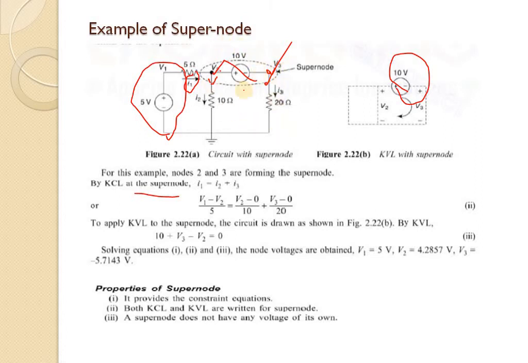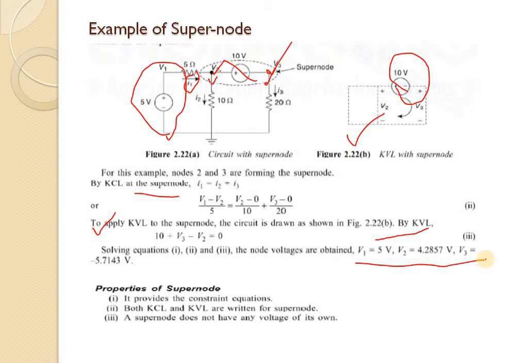Here the 10 volt source is basically the supernode. Applying KVL to the supernode, the circuit is drawn like this. Here the 10 volt source is the supernode case, so applying KVL, it will be 10 plus V3 minus V2 equals 0. That means V2 minus V3 is basically 10. Now, using these two equations, we can calculate the values of V1, V2 and V3.